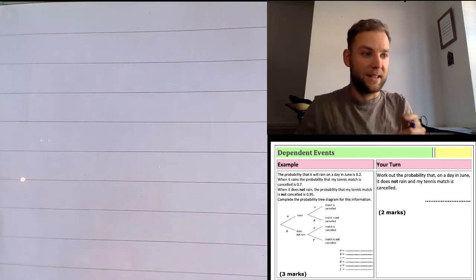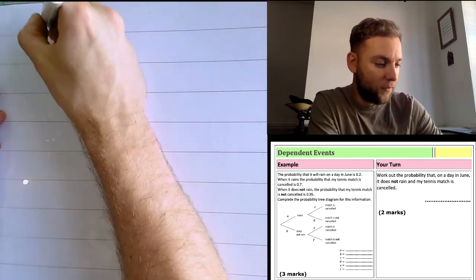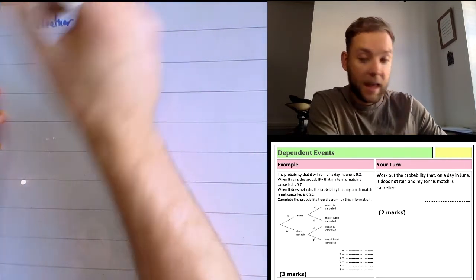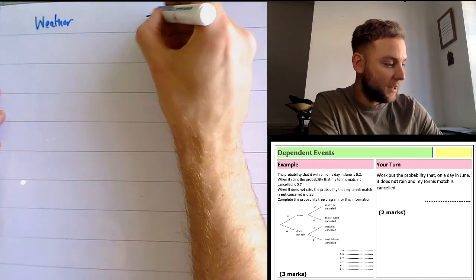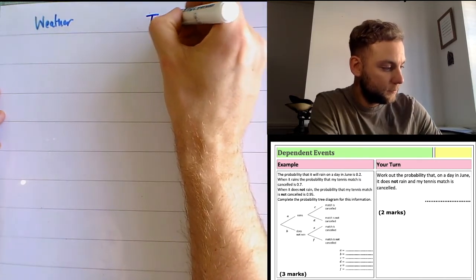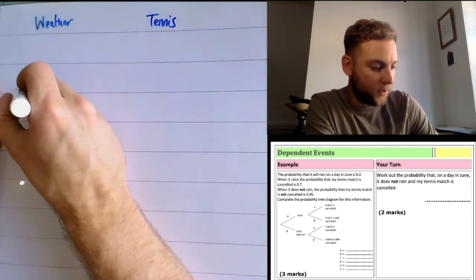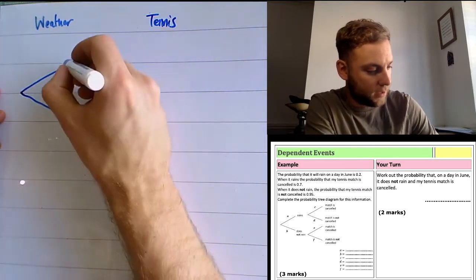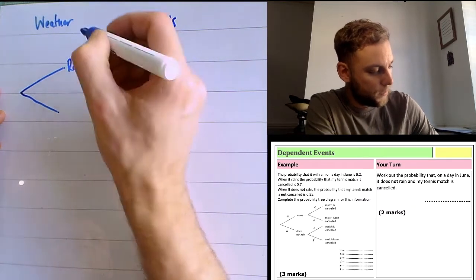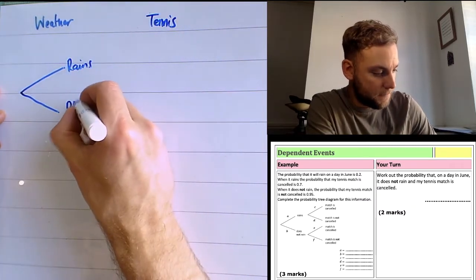So we've got two events here: the weather first of all, and then whether he's playing tennis or not. With the weather, it's either when it rains or it does not rain.